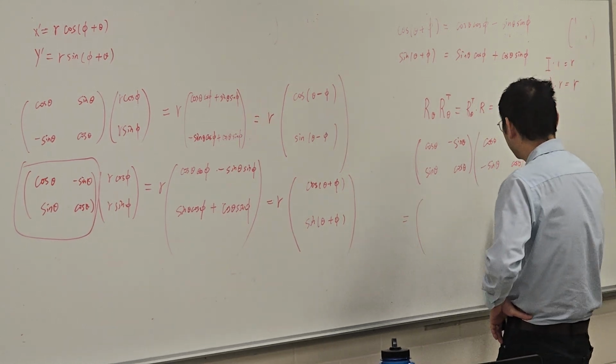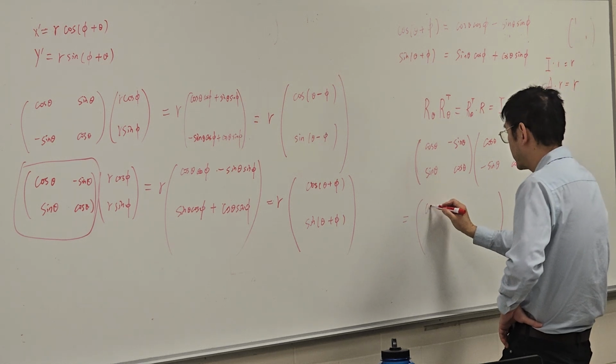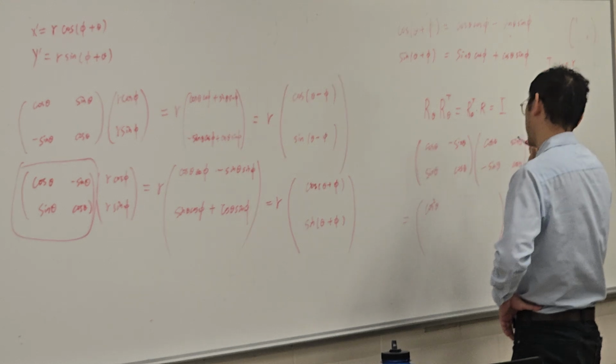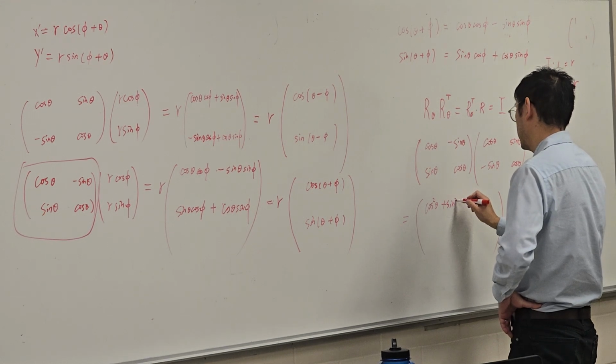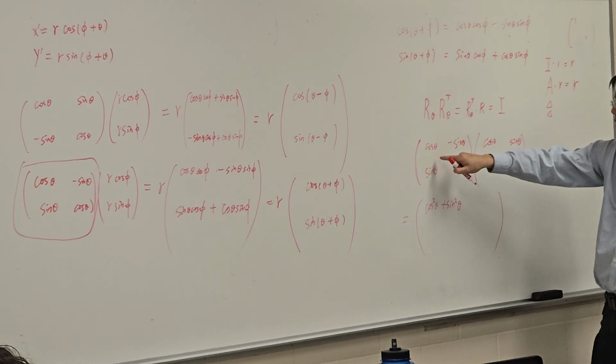So I should get a 2 by 2, right? So this is cosine squared plus sine squared. Agree?